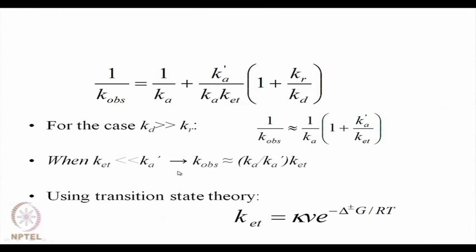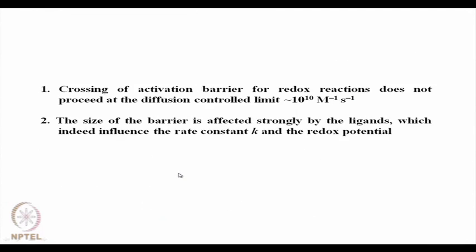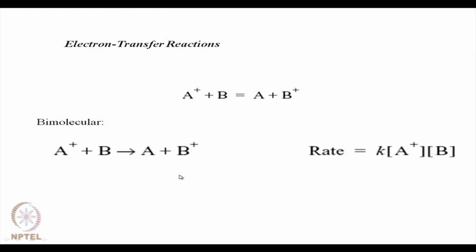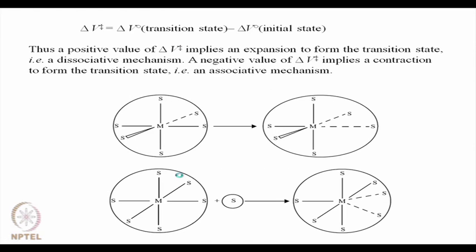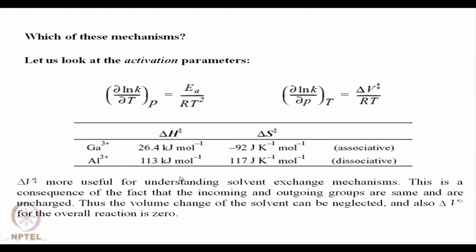Okay. So, let us come back to what we have learned under the heading reactions in solution. We have talked about the solvent exchange reactions, associative or dissociative solvent exchange reactions.